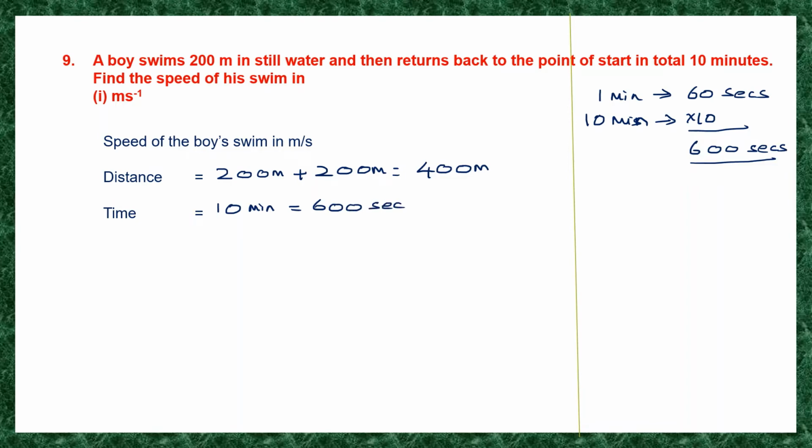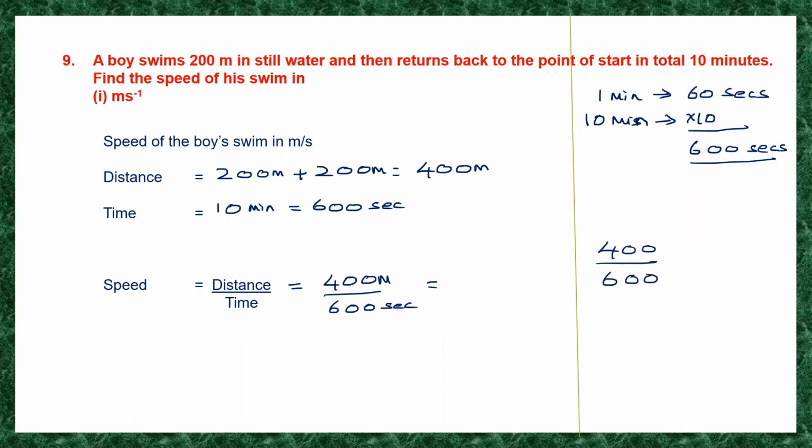Now we need to find the speed. Speed is distance by time, and distance is 400 meters and the time is 600 seconds. So now we have to divide 400 by 600. Let's do that division. 400 divided by 600.